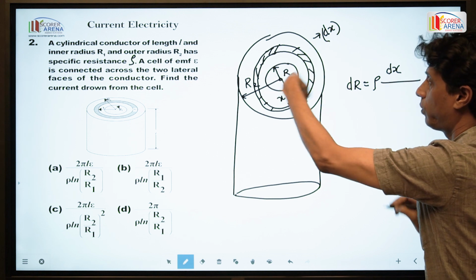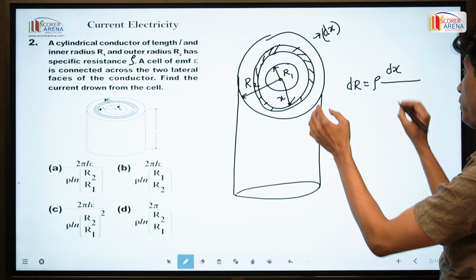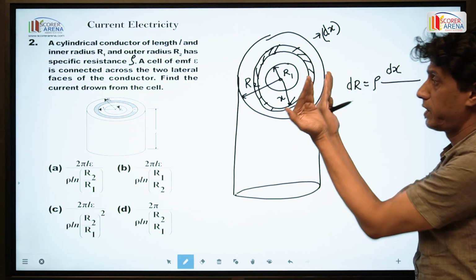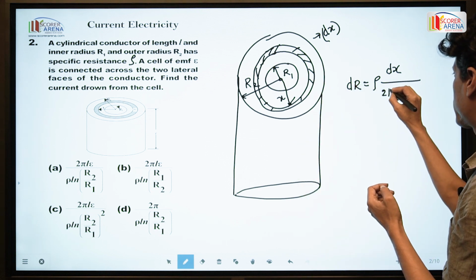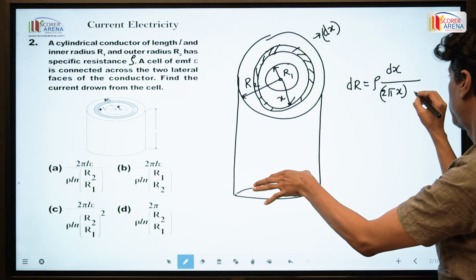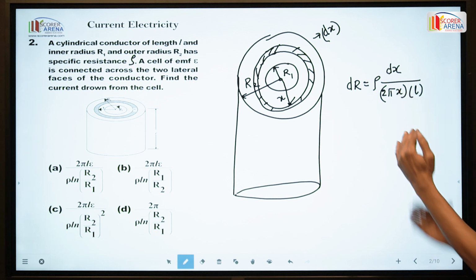The periphery of this is twice pi x and the length is L. So the area of the cylindrical sheet, twice pi x is the periphery, and the length of this cylinder given is L. So this is the cross sectional area of the cylindrical sheet.